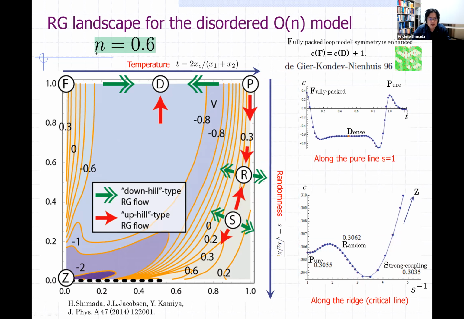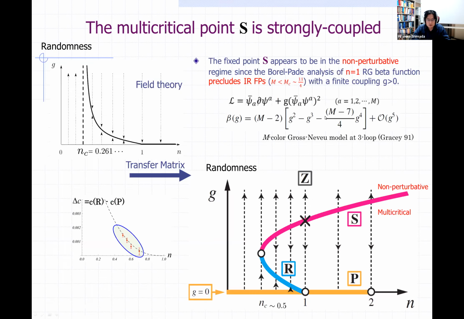So this diagram is for n equal 0.6. Okay, so now the previous schematic diagram looks like this, but now we find the real configuration is like this. Up to some value of small n, like 0.5, we have this weak coupling fixed point.